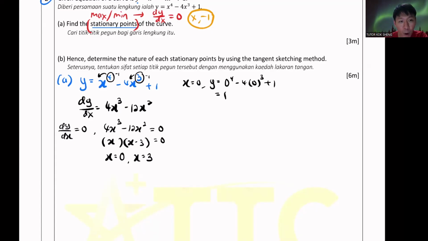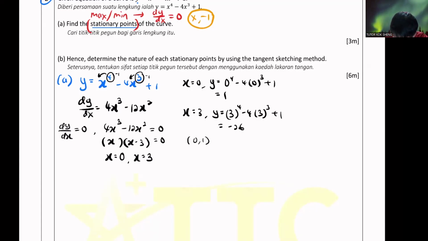First stationary point, 1. Second one, 3 to the power of 4 minus 4 times 3 cubed plus 1. So you get 2 stationary points.